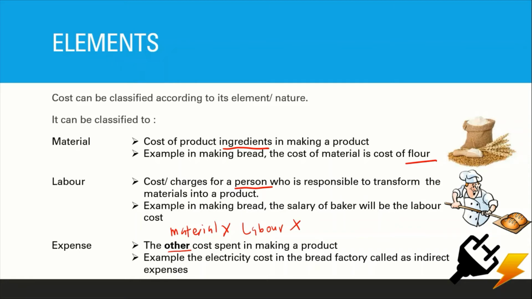So example like electricity costs in the bread factory, which are called indirect expenses. It is needed, but they are not material and they are not labor. So you can classify the element into these three things.